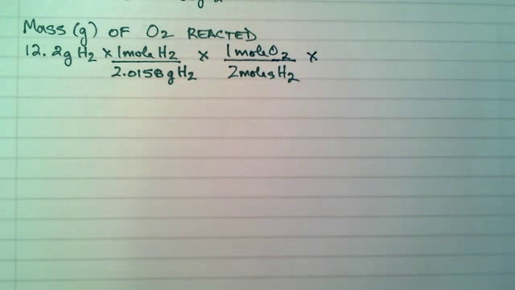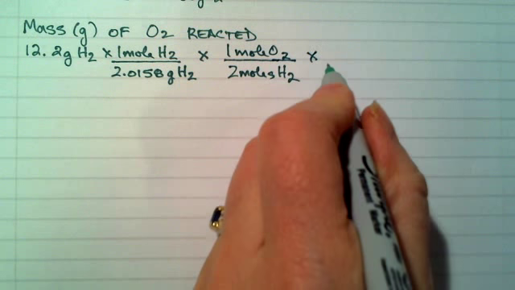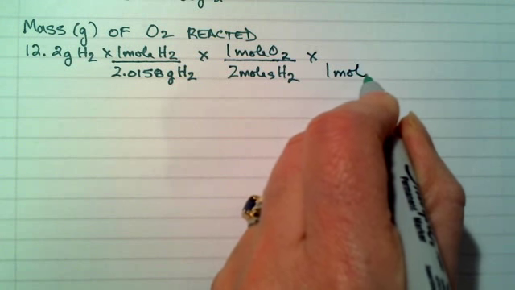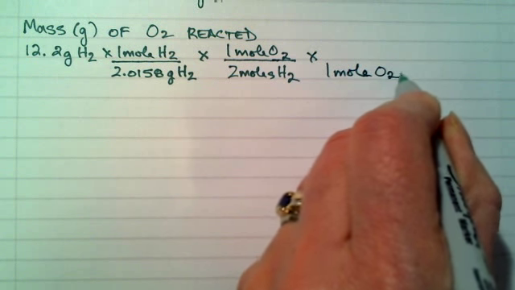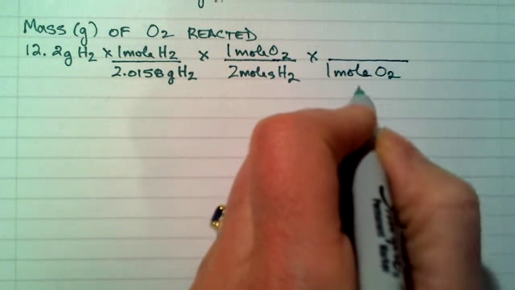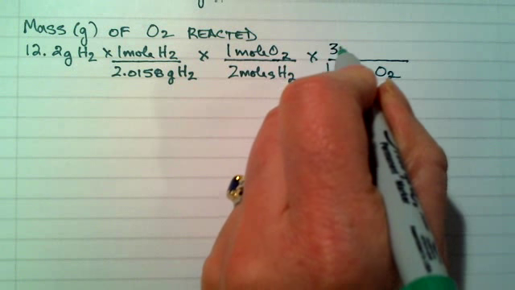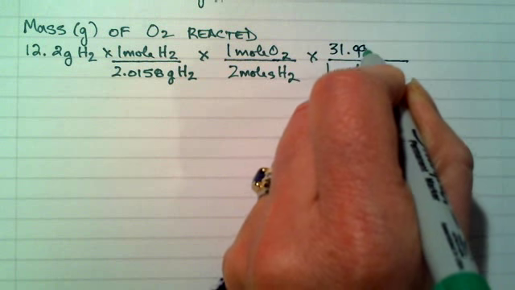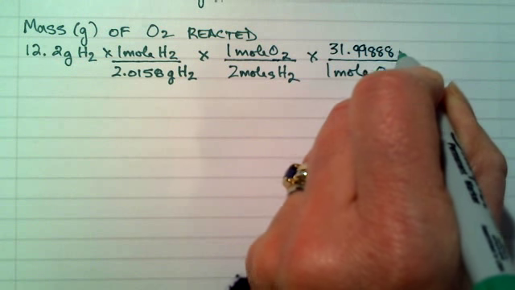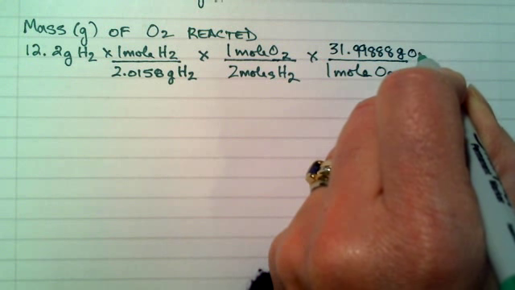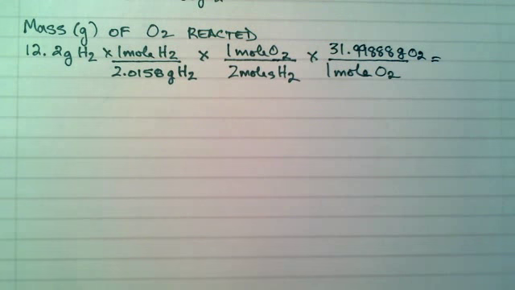That'll effectively convert it to moles, and now I want a mass. So 1 mole of O2 is 31.99888 grams of O2.